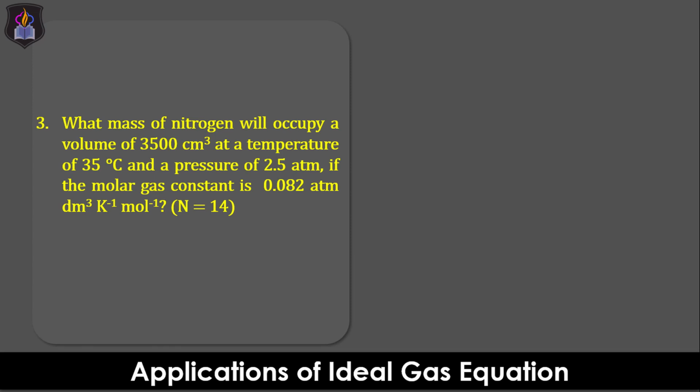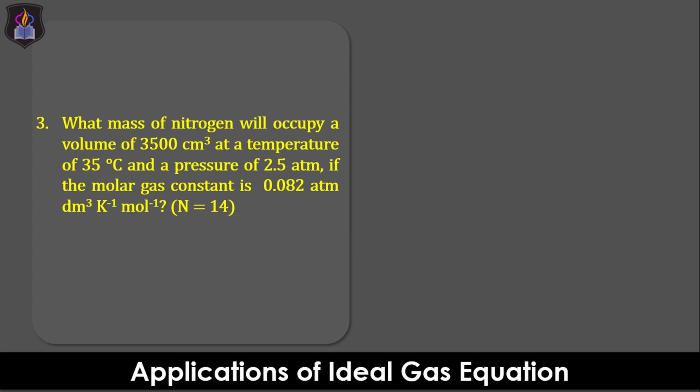Solution. In this question, we will be applying the second variant of the ideal gas equation that relates mass and molar mass of the gas with its pressure, volume and temperature. Also, given that the values of R and P are in atm dm³ per Kelvin per mole and atm respectively, then we must convert the volume to dm³.